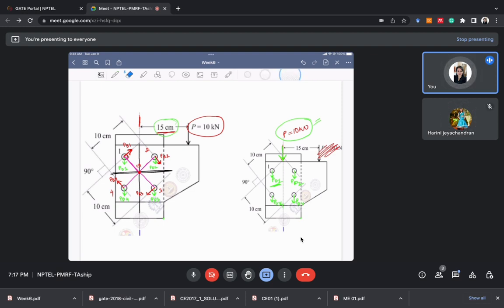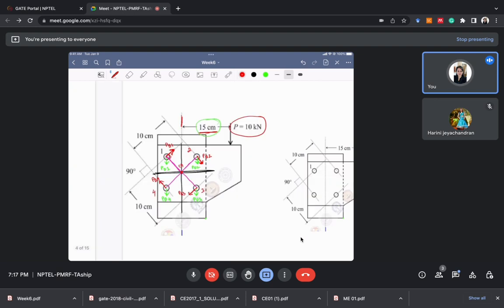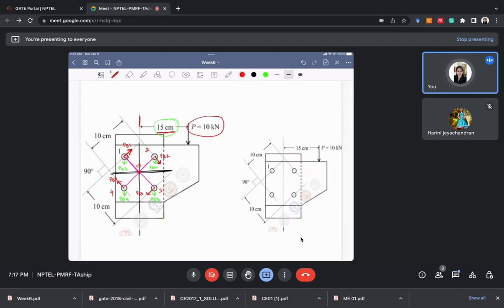What is their value? I'll explain in the coming slides. For now, in this question we are asked the value of the resultant force in bolt 1. Resultant force means the resultant of all the possible forces in that bolt. So in bolt 1 there is one force, PD1, the direct force, and another force due to the bending moment, which I am calling PB1.